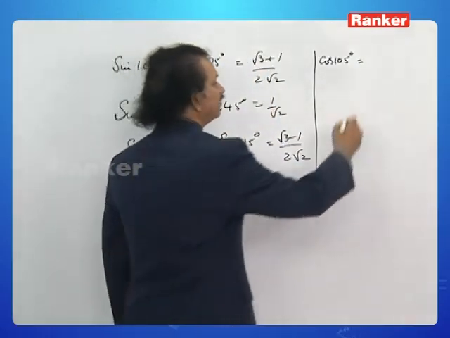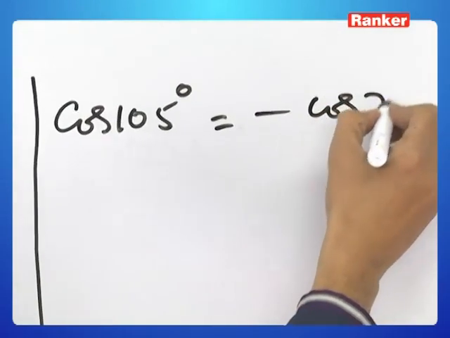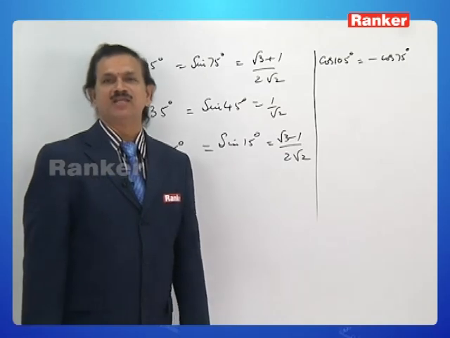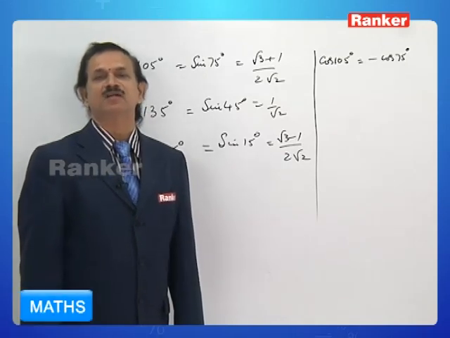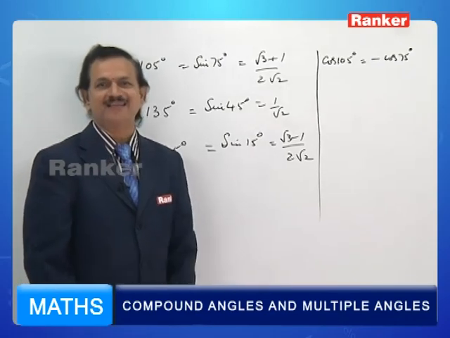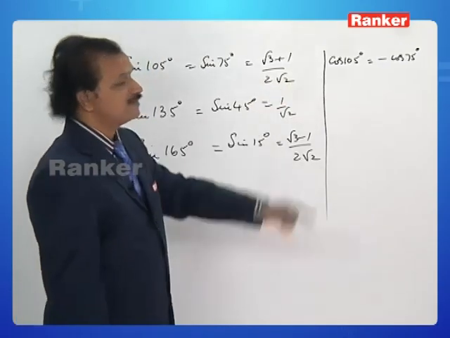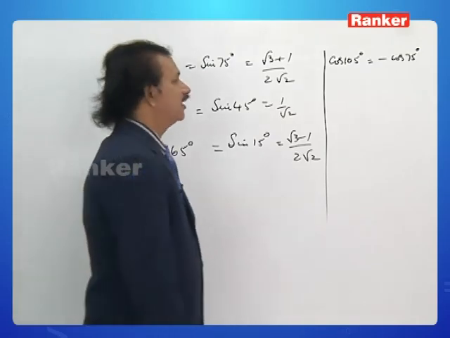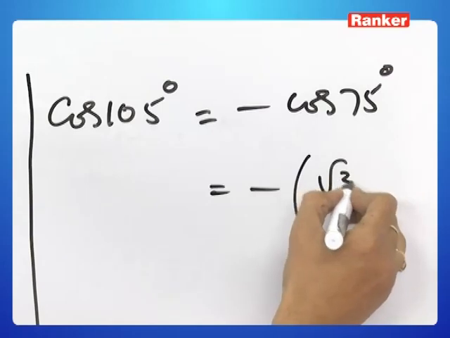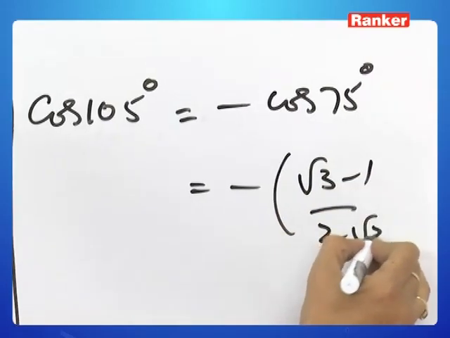Cos 105 degrees is equal to minus cos 75. Why should you have it like that? If A and B are supplementary, then cos A plus cos B is equal to 0, or cos A is equal to minus cos B. Cos 105 is minus cos 75. Cos 75 is nothing but sine 15. So minus of root 3 minus 1 by 2 root 2.